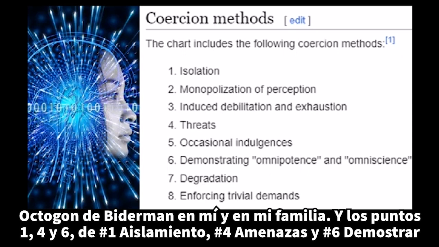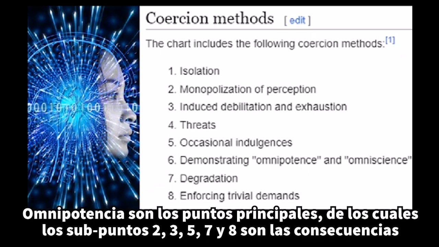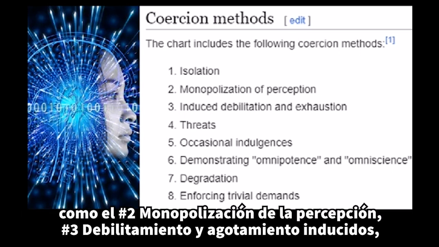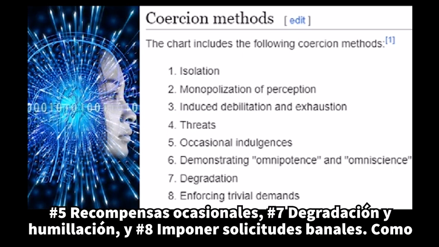And the points 1, 4, and 6, for isolation, threats, and demonstrating omnipotence, are the head points, of which the sub-points 2, 3, 5, 7, and 8 are the consequences, like 2, monopolization of perception, 3, induced debilitation and exhaustion, 5, occasional indulgences, and 7, degradation and humiliation, and 8, enforcing trivial demands.